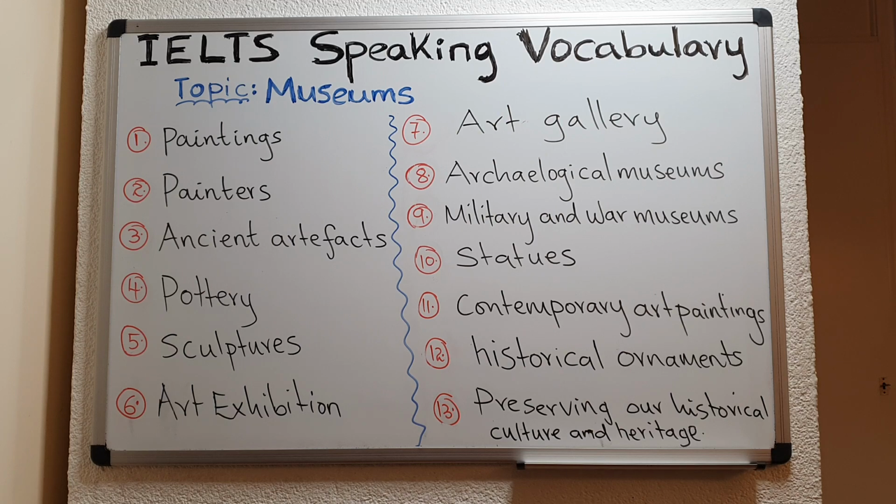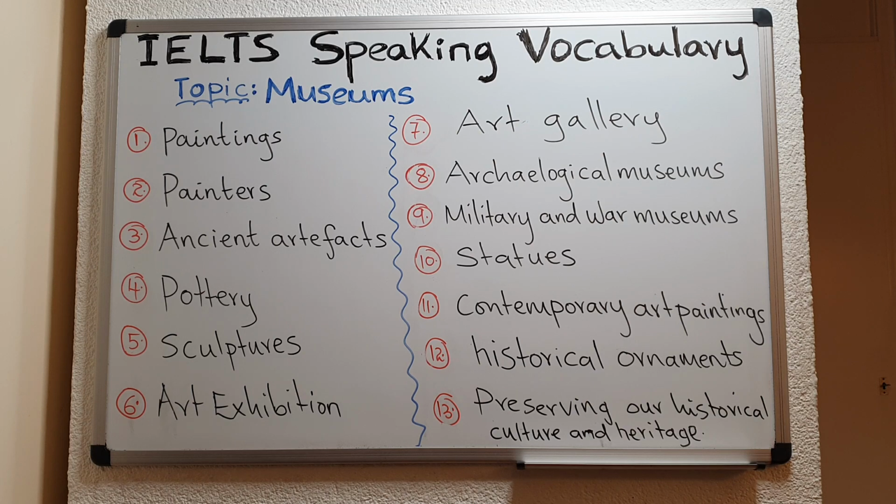Okay? Now, the next word is an art gallery. An art gallery is really just an art exhibition, okay? An art gallery is a place where you would go to see different forms of art. For example, paintings.